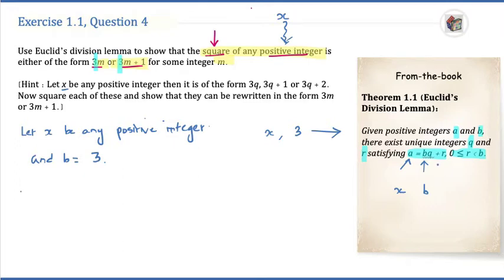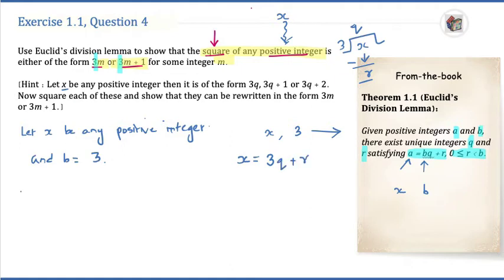So what will happen is that there will be a quotient q, there will be a remainder r when I divide my x by 3 like this. So suppose the quotient I get is q, I don't really know the value, and the remainder that I get ultimately is r. Then according to this little relationship here, I can say x is equal to 3q plus r.